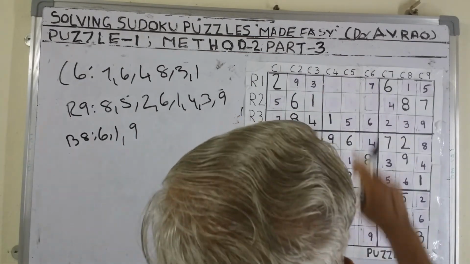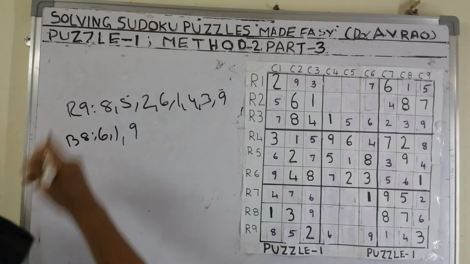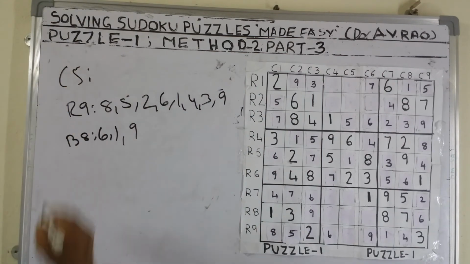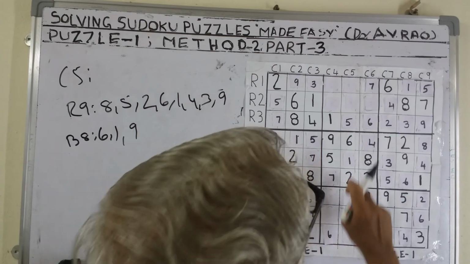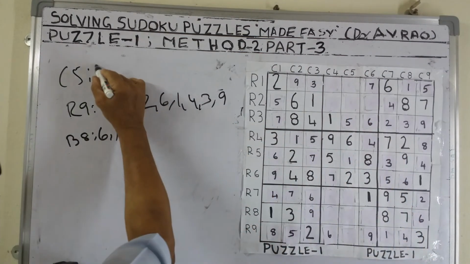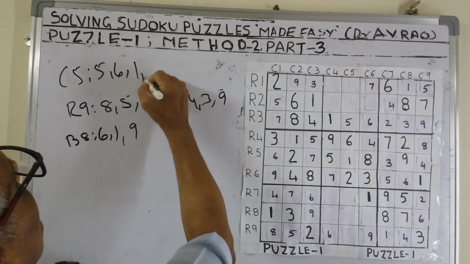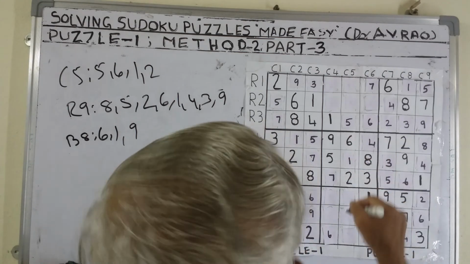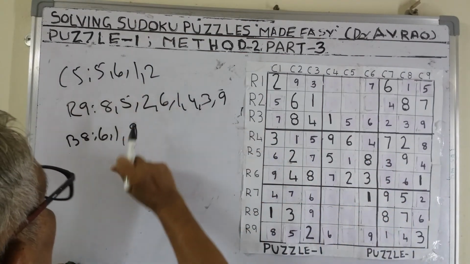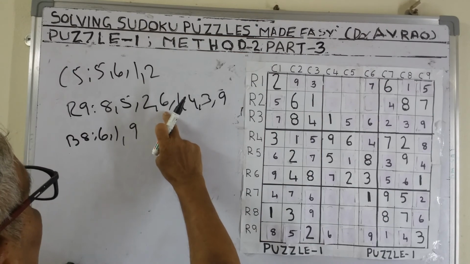Okay. Now we have to take C5 column. C5 column is 5, 6, 1 and 2. So let us see 1, 2, 3, 4, 5, 6, 8, 9.